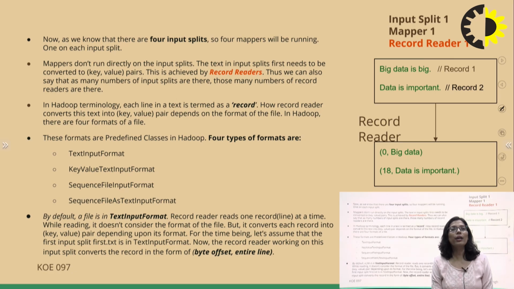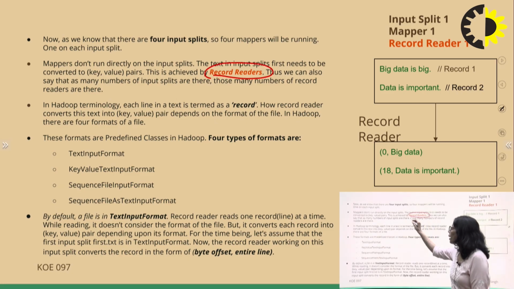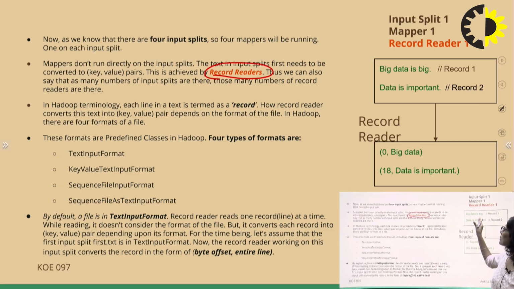How can we convert text into key value pairs? There are many methods, and this task is done by your record reader. What does the record reader do? It divides the data, or you can say it converts the data, into key value pairs which can be further processed by your map task.